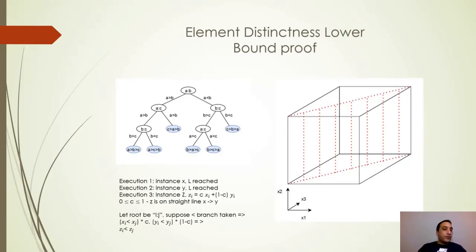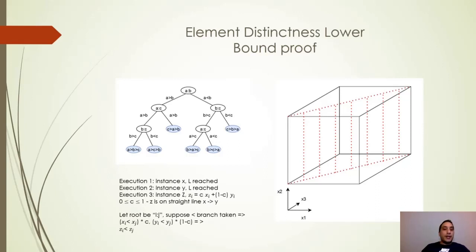So if we let the root be ij, and suppose that the branch that we're going to take is the less than branch, so i is less than j, then xi is going to be less than xj.